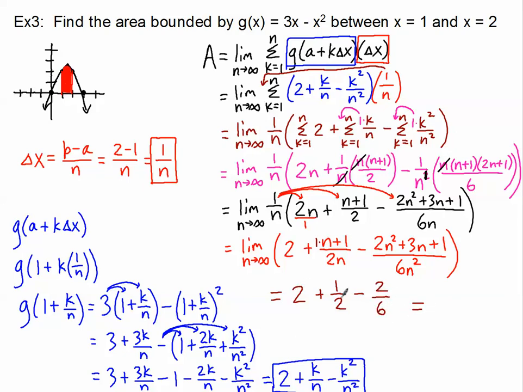We've got 2 plus 1/2 minus 1/3. To get a common denominator, I guess I'll use sixths. So this is 12/6. This is 3/6. And obviously this is -2/6. So 12/6 plus 3/6 would be 15. Take away 2 would be 13/6. And that is our final problem.